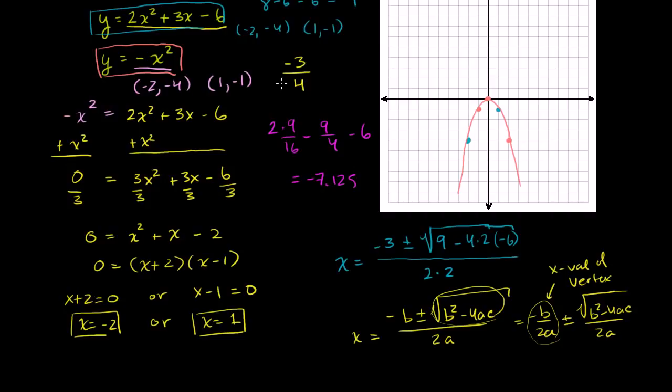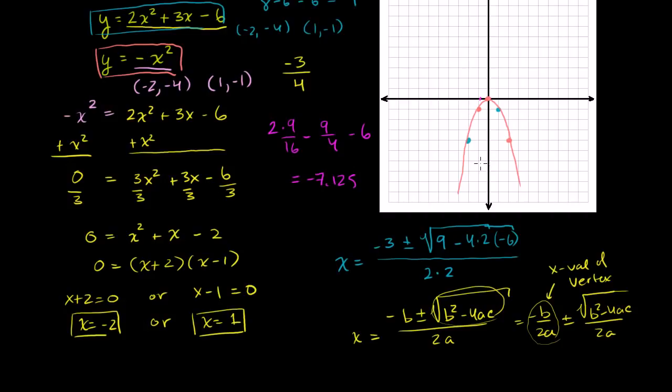So the vertex occurs when x is negative 3/4. And y, let me do it in the blue color because this is the blue graph, is negative 7, and this is essentially 7 and 1/8. So it's 7.125, a little over 7.